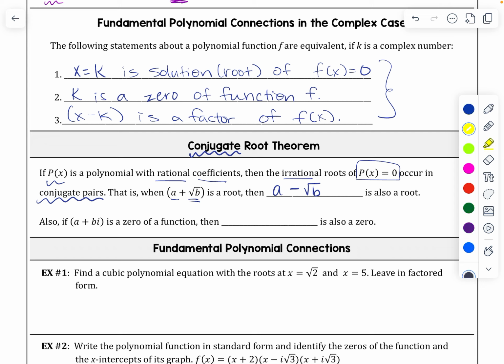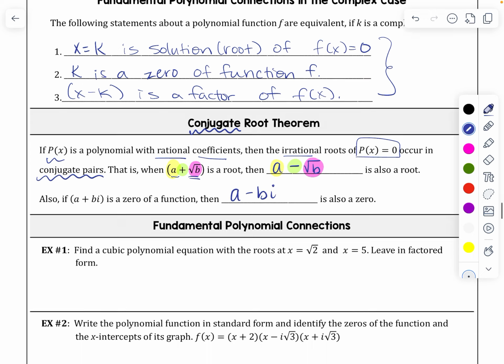Keep in mind that the a's are both the real components. They're the same. The root of b will be the non-real component. And then the sign in between them, one is positive, one is negative. They're opposites. That's why we call them conjugates. But it's also a root. Also, if a plus bi is a zero of the function, then a minus bi is a zero as well.